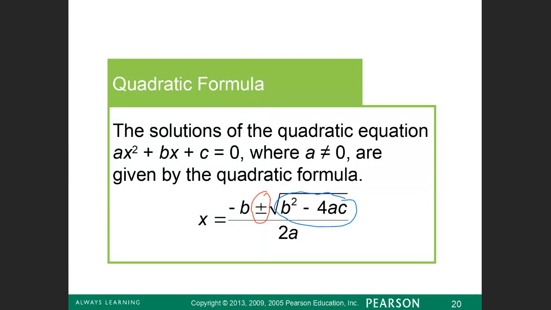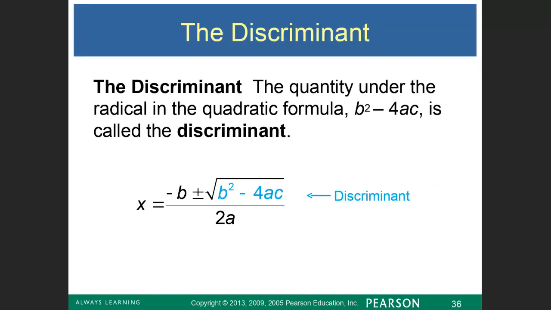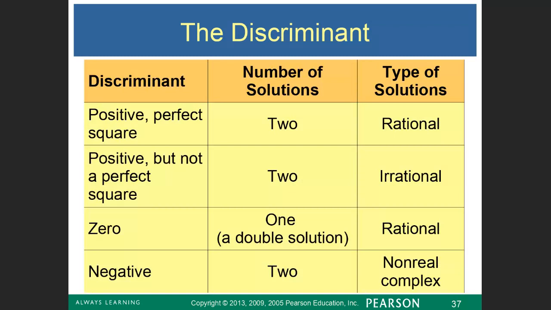We need to know that because this is part of quadratic equations. We need to know where our discriminant is. So here's the table. That's the definition for the discriminant there, and the table that you have to follow in order to answer.